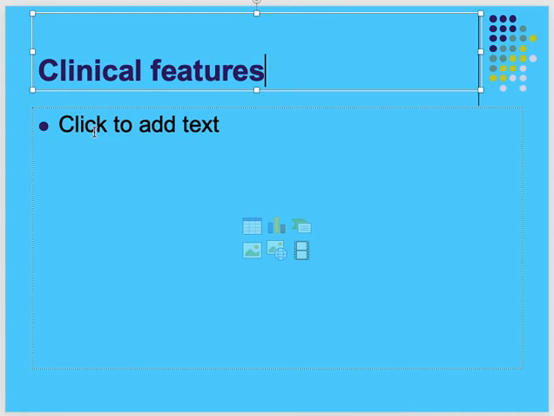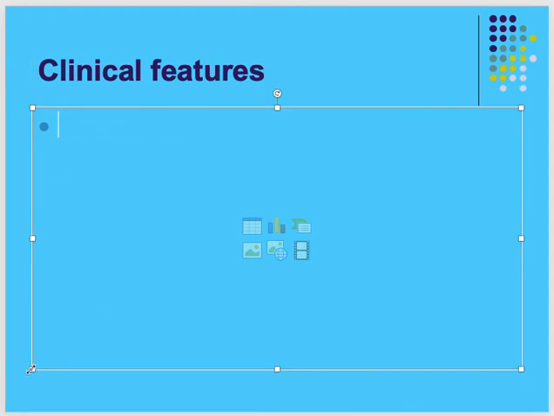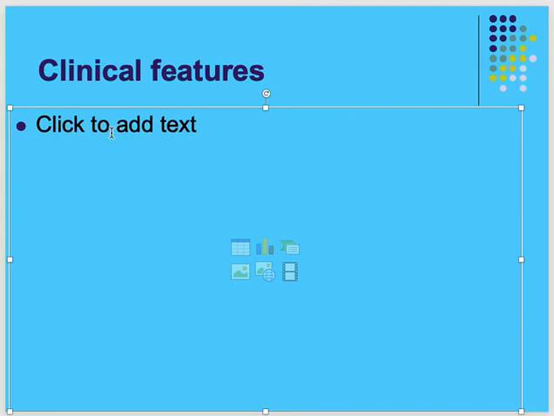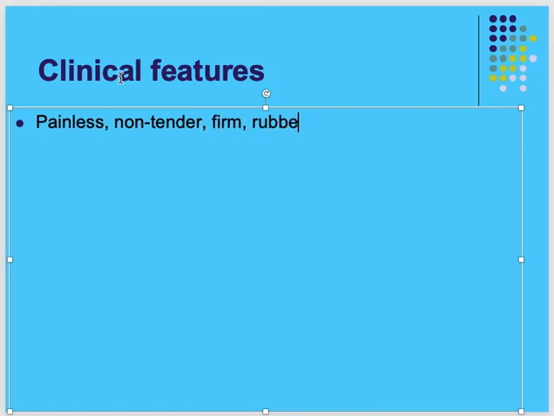Okay, now in clinical features, guys, the thing to remember is Hodgkin lymphoma classically presents with painless, non-tender, or you can say non-painful, firm, rubbery lymph nodes. Okay, and the most common region you will find is the cervical region.